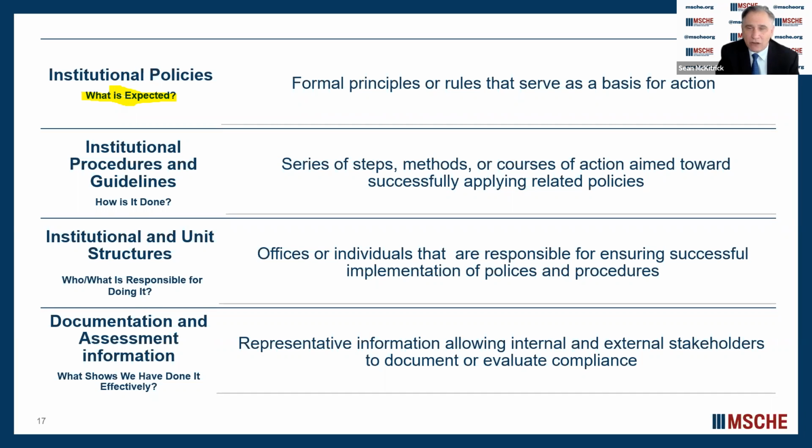So in general education, there might be a document, there might be a policy. If you're an institution that's not a member of a system, there might be a document of guidelines for general education assessment, answering the question, what is expected of us as an institution?